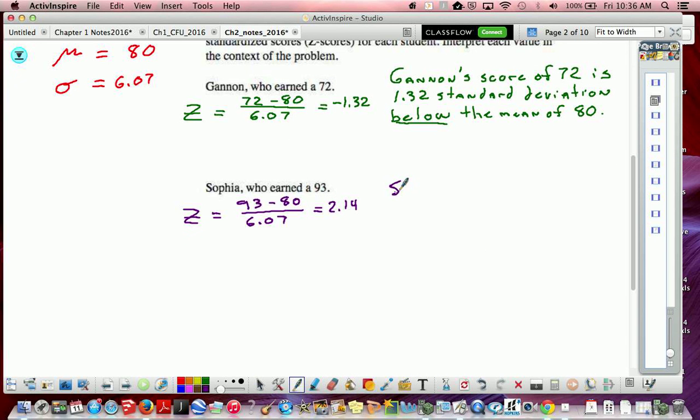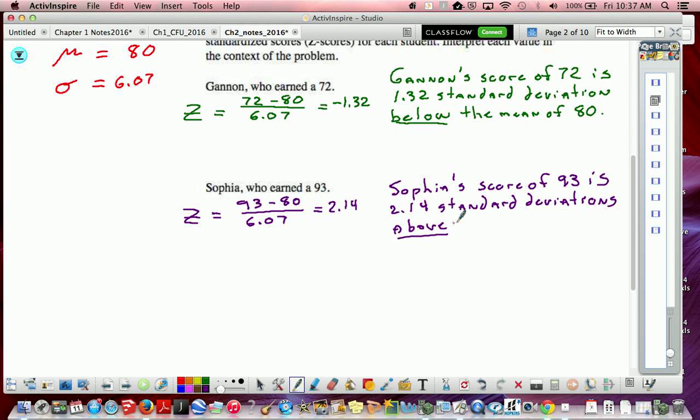So we would say Sophia's score of 93 is 2.14 standard deviations above the mean of 80. I suppose I could say 80 points, since I know the context is points.